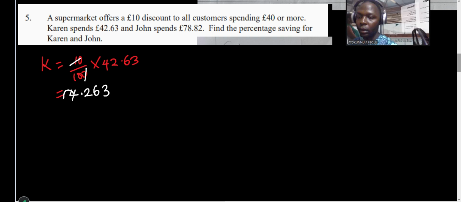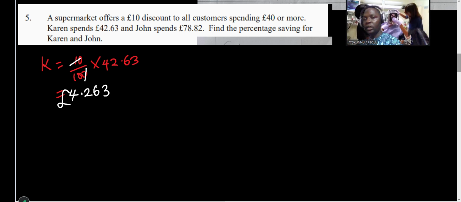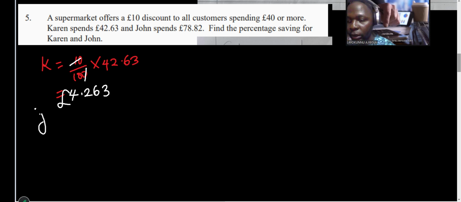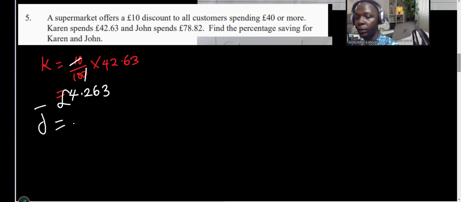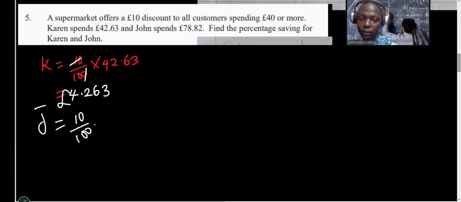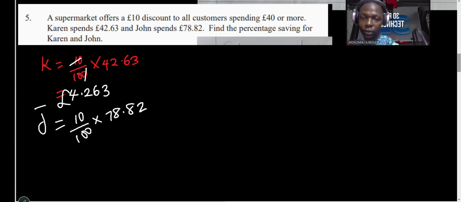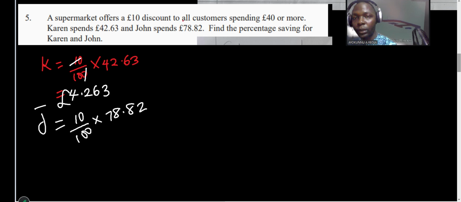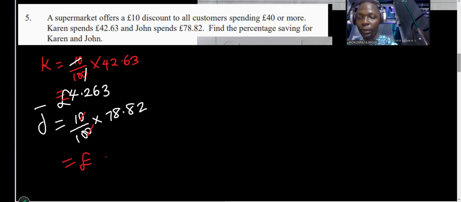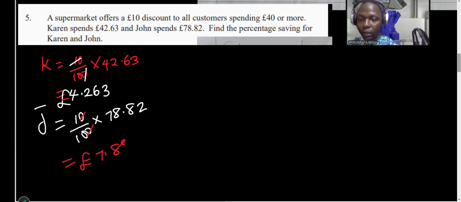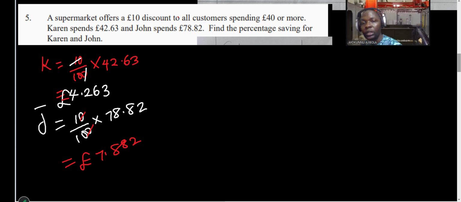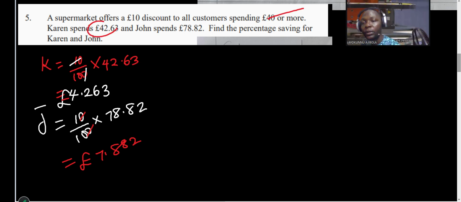So for Karen, we will say how many percent is £10, we have to say £10 over what Karen spent, okay? Times 100. Yeah, this is how it be. Then for John, that will be the same £10 over 78.82 times 100. So that is the percentage of what they saved, both of them.